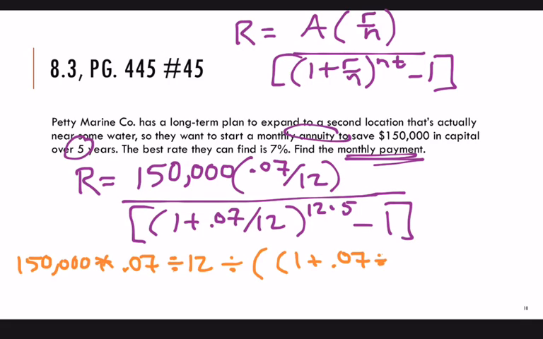Okay, you don't need parentheses around the fraction, just divide by 12, 0.07 divided by 12. Parentheses, exponent key 60 minus 1, close parentheses. Okay, and that equals $2,095.18.